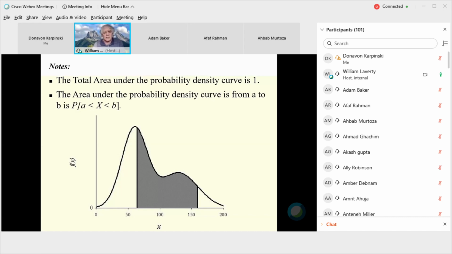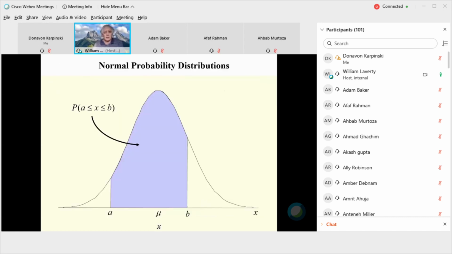To compute the probabilities, in actual fact, you have to use calculus, but this has been done for a lot of distributions and they are tabled. An important distribution is the normal distribution. The normal distribution is a bell-shaped curve centered at some value mu.